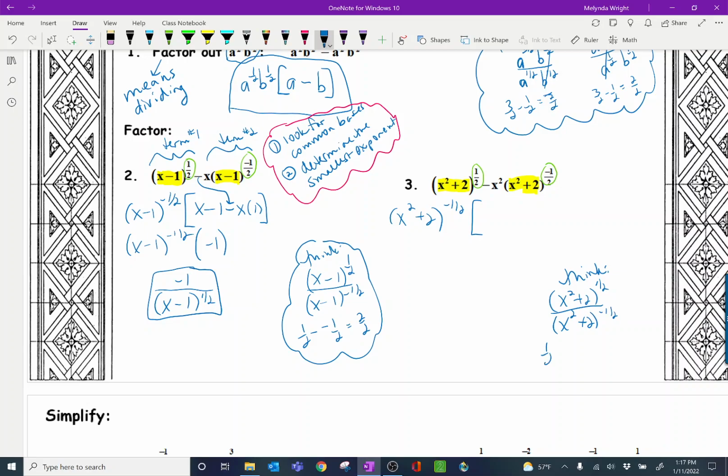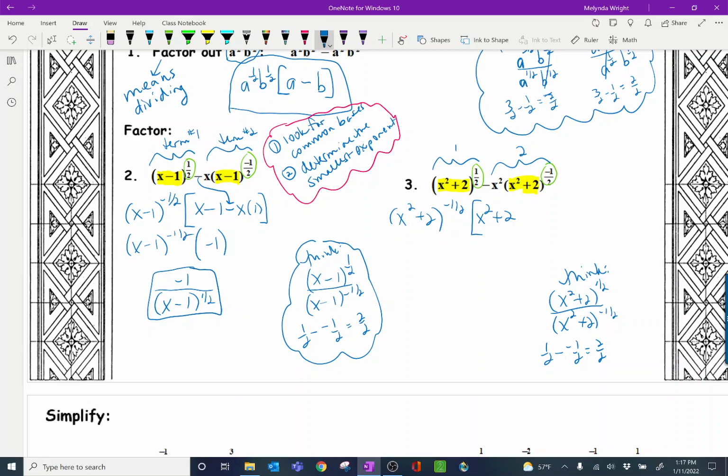So I've got 1/2 minus a minus 1/2, which would be 2/2 or 1. So this is term number 1, this is term number 2. Remember, terms are grouped together by multiplication. I'm simply left with an x squared plus 2 out of that first term.